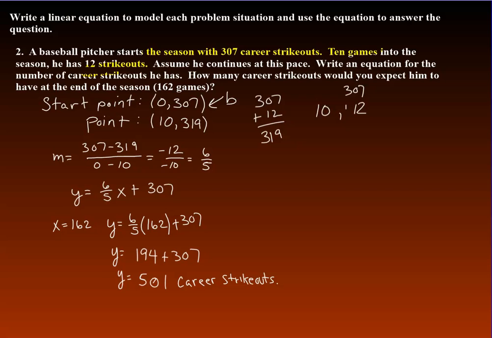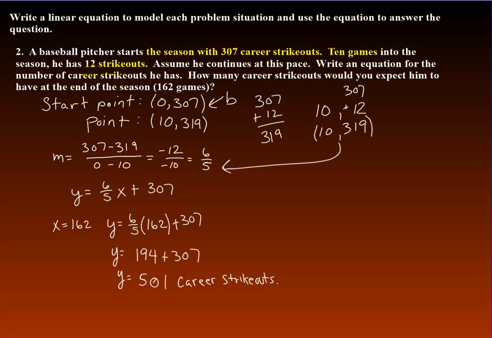So we had to add those two together to figure out how many career strikeouts he was at. Then from there we can continue forward and use the slope formula. This is a unique case. It doesn't happen very often, but there are times where you have to do an extra step to find that.